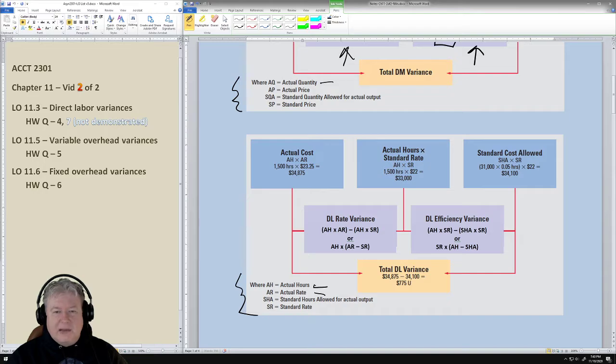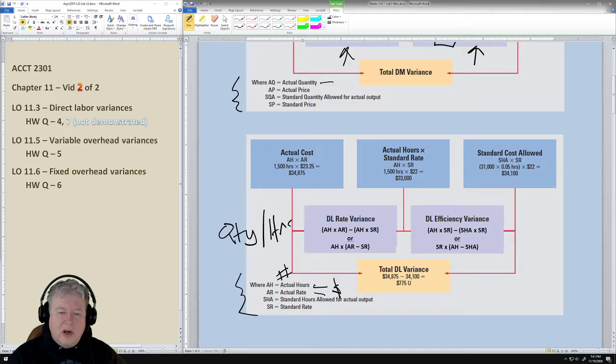Quantity is more generic, right? Quantity of units or whatever. Here we have a specific quantity, the number of hours. For direct materials, quantity is a number of something; for labor, we almost always go by number of hours. Hours is going to be a number, rate is going to be some sort of dollar amount. We continue to remember that when we talk about the quantity, or in this case the hours, we're focused on total quantity, total hours.